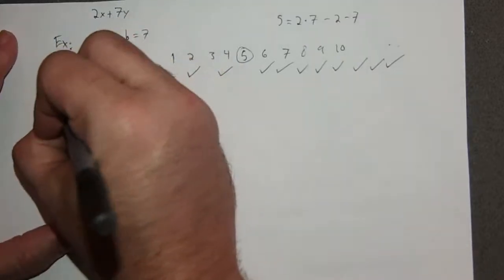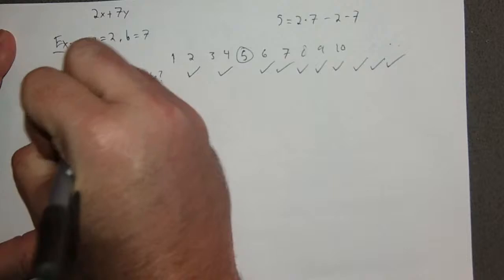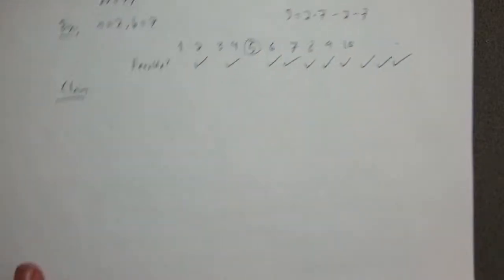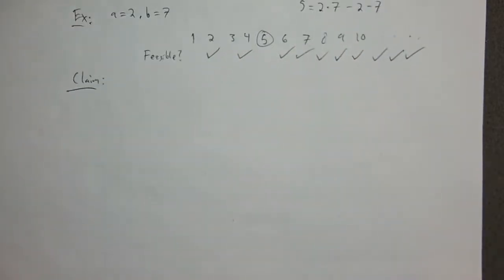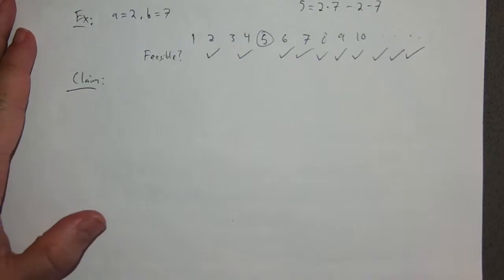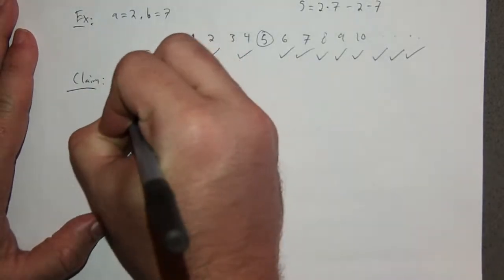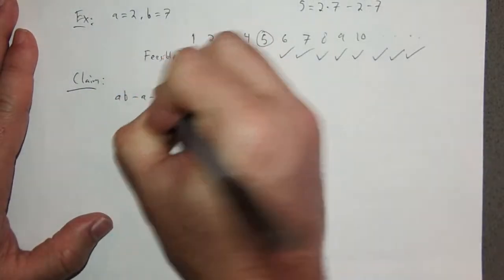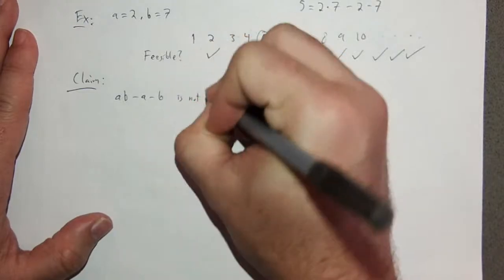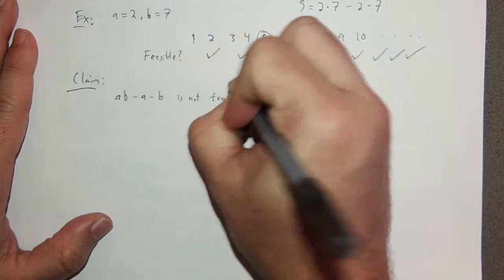So then what is our claim? Of course, we looked at 2 examples here, so maybe we're really drawing too much from this. But from our 2 examples, what is our claim? Our claim is that AB minus A minus B is not feasible.